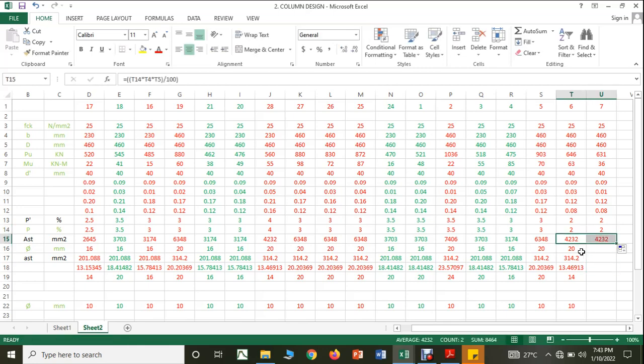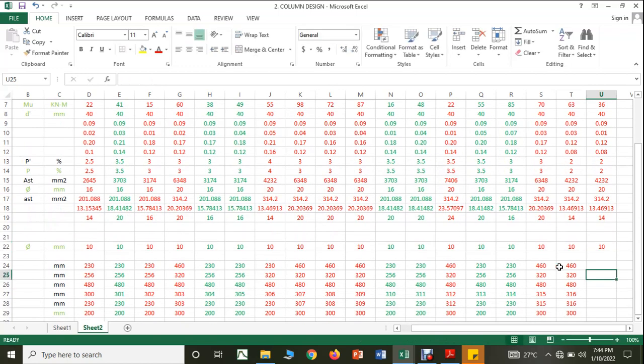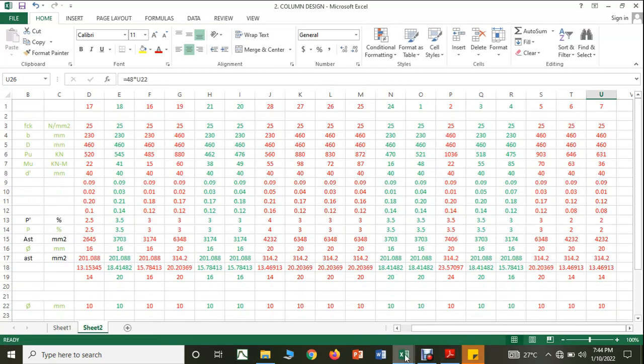This will be the area. Going to maintain 20 mm. So you are going to get totally 14 numbers. Anyhow 10 mm stirrups, 300 mm center to center. Yes, that is column number 7.